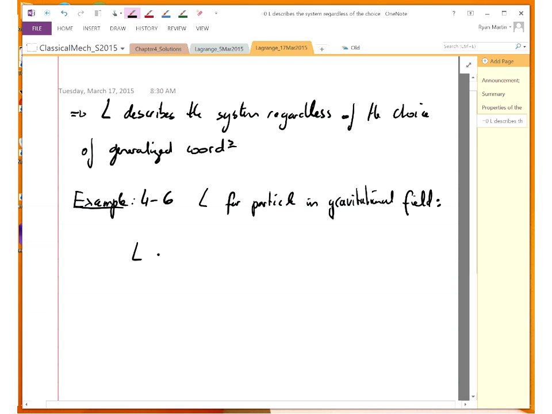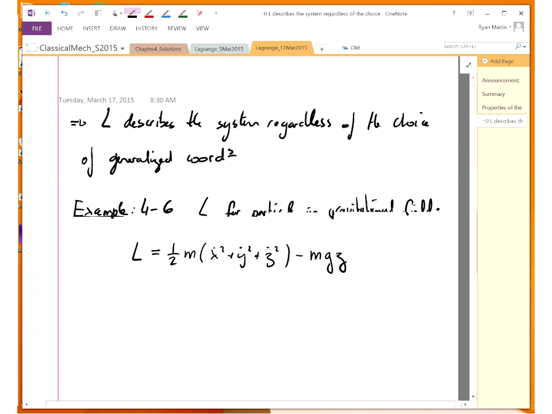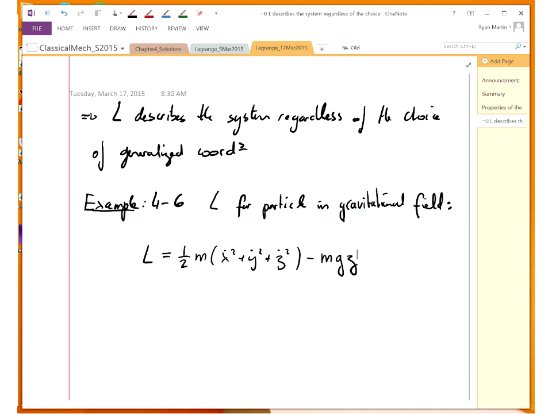The Lagrangian for a particle in a gravitational field in Cartesian coordinates is T minus V, so it's a half m times x dot squared plus y dot squared plus z dot squared, and then minus V. The potential energy is plus mgz, and since it's minus V, it's minus mgz.